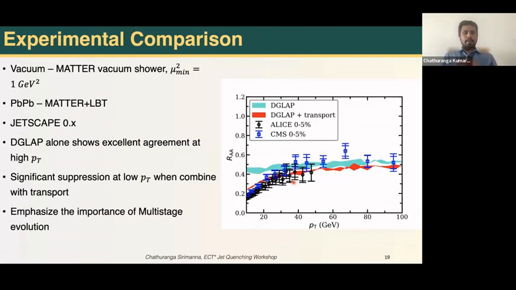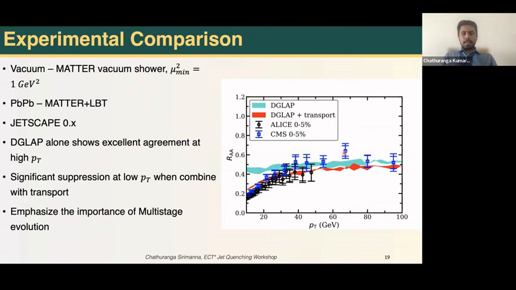To experimentally compare the effect from multi-stage evolution, we can use an experimental comparison using DGLAP evolution and multi-stage evolution. Here, for the vacuum shower, we use the MATTER vacuum shower down to 1 GeV, and for lead-lead collisions, we use MATTER plus LBT for the DGLAP plus transport, and MATTER alone for the DGLAP stage.